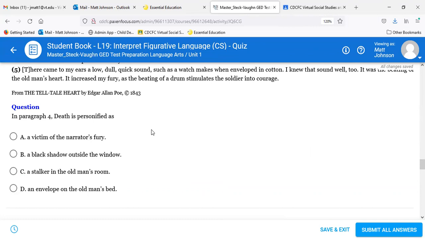In paragraph 4, death is specified as A, a victim of the narrator's spirit. B, a black shadow outside the window. C, a sneaker in the old man's room. D, an envelope on the old man's bed.